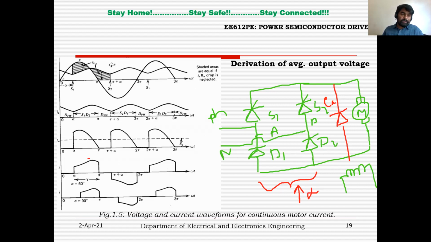So to this converter, we are applying sinusoidal voltage. You can see the input voltage, which is V equal to Vm sin omega t. That means at different values of omega t, the V will be different. So at 0 degrees, it is sin 0, it is 0. At 90 degrees, it is maximum.